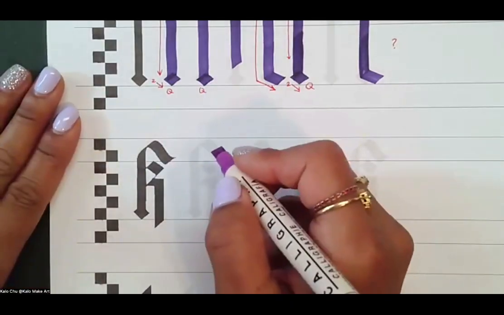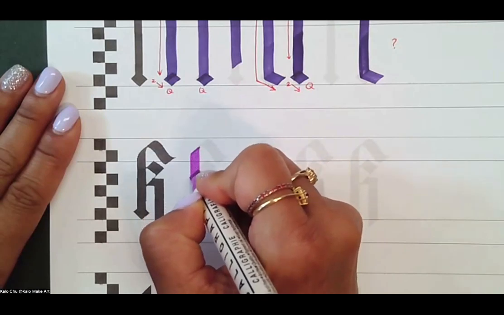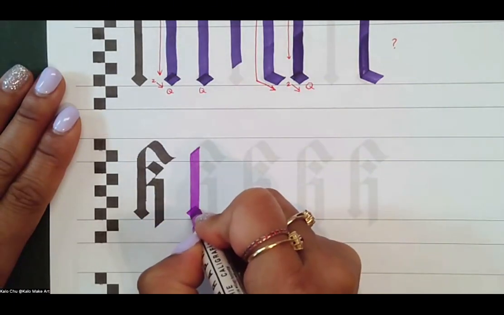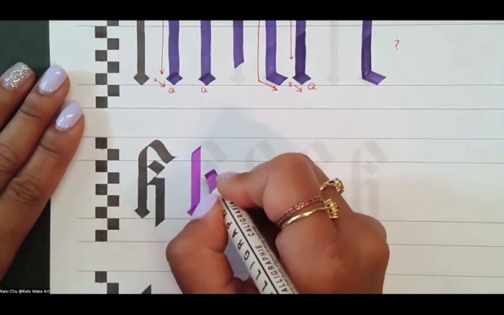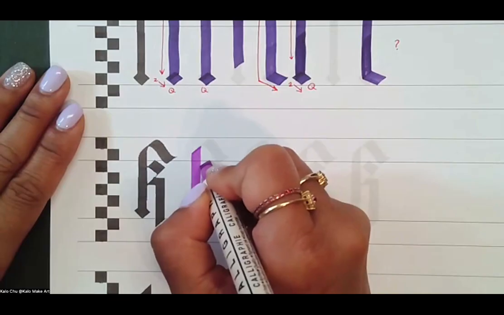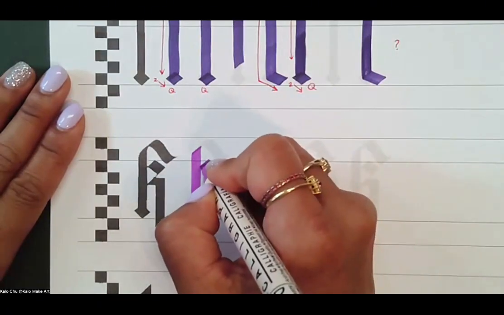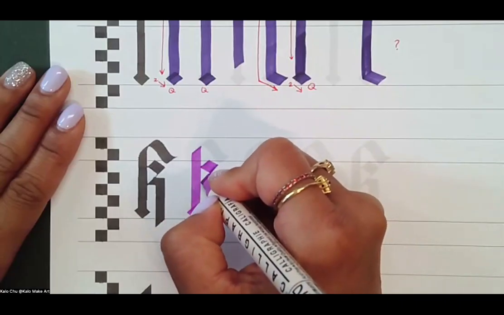Now, this one is a K. So we start with a vertical. Then we do the quadrant. Now we place the nib immediately here at the corner, right at the corner. Don't overlap it. You do a lozenge and you pull a little bit of line down like that.